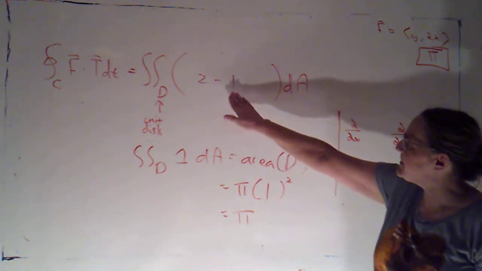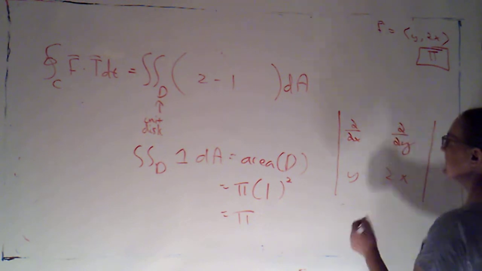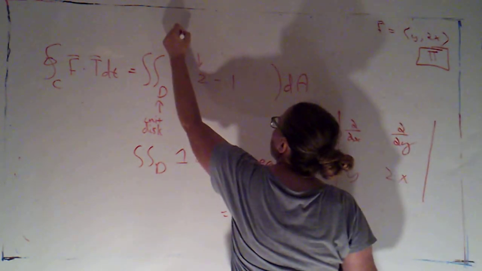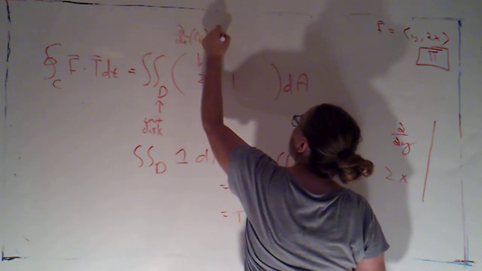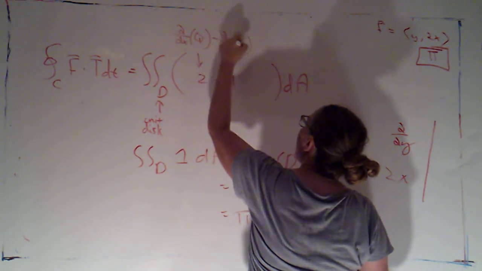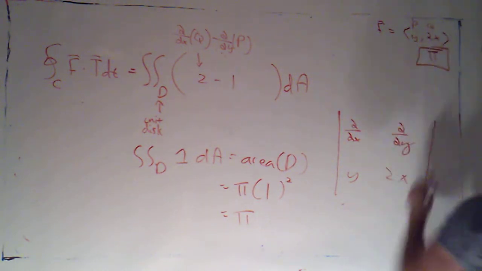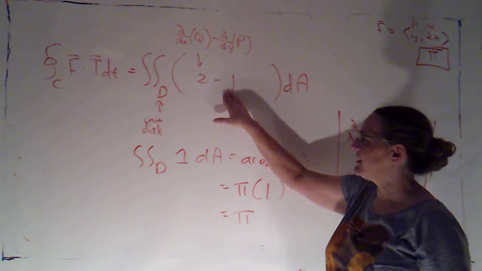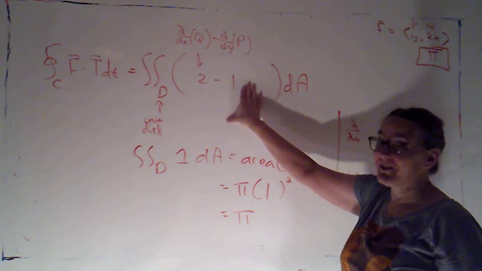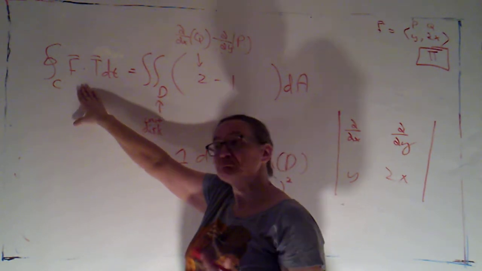But in this case, the integrand, which was the partial with respect to x of Q minus the partial with respect to y of P, where I name my component functions P and Q, ended up being so simple because it was just a constant, that the double integral was a little bit faster, maybe a lot faster, than the single integral. Kind of neat to see.